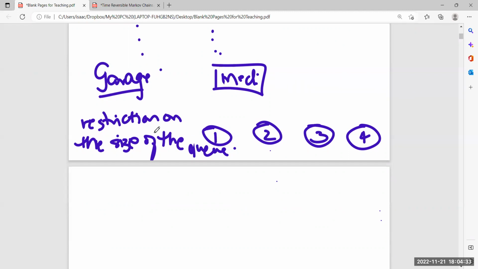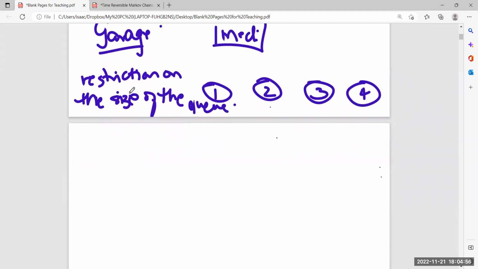So now we'll start talking about the different types of queues. We're going to be a little bit more specific now. We're going to talk about arrival time and service time.